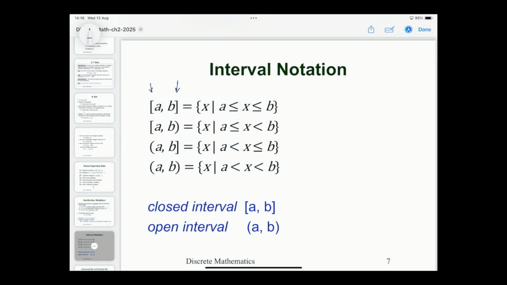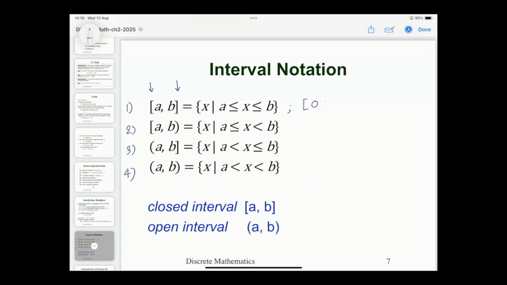So the first case, this one, represents numbers that start from A and go to B.